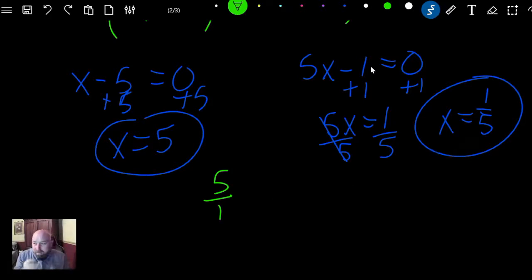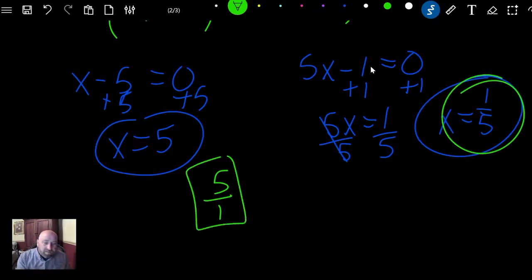It's going to give us the same answer. I would probably pick that one because that's a fraction. But technically 5 over 1 is a fraction as well. So the reason we did that in this lesson is we just wanted to practice with fractions a little bit, practice with reciprocals a little bit, practice with word problems a little bit, plugging things in.